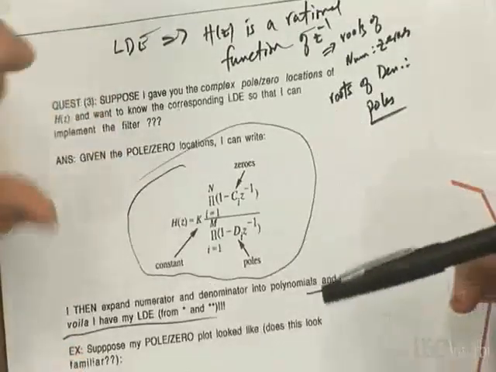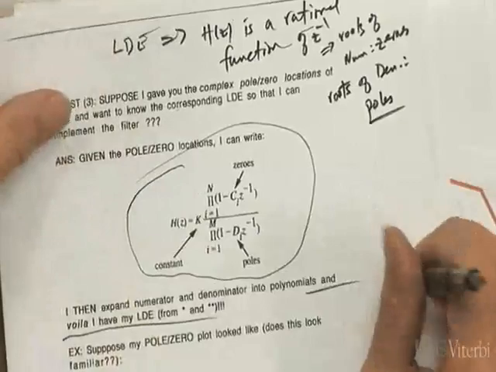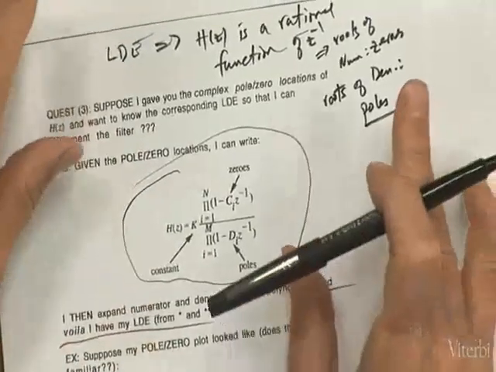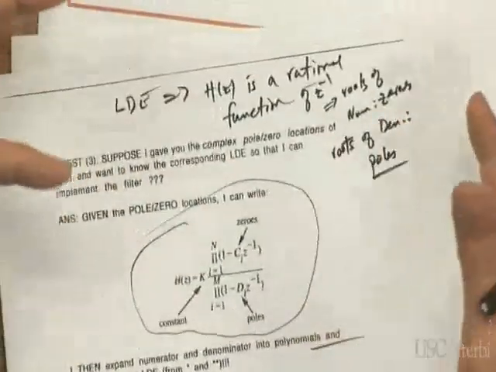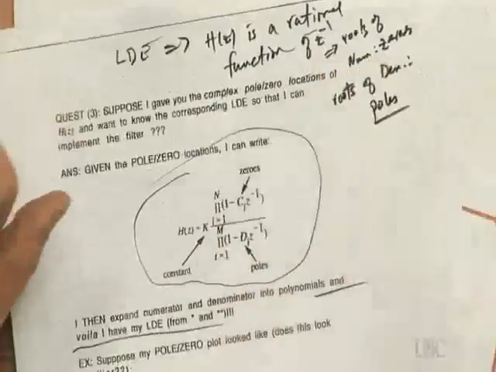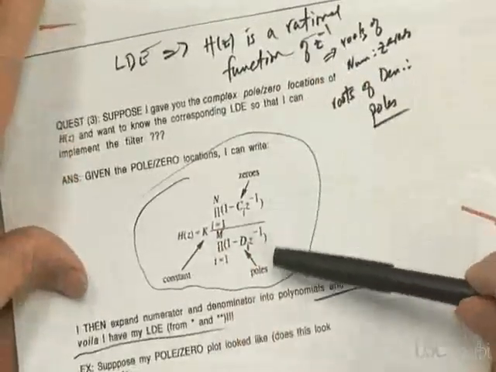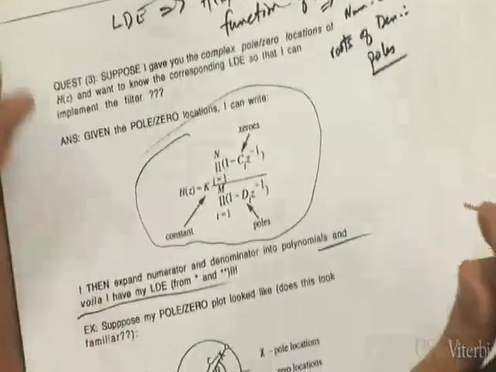That's kind of the difficult problem without packages like MATLAB. But the other way is not quite as bad. If I tell you what the roots are, the poles and zeros, then you can just write the numerator and denominator in factored form, see?